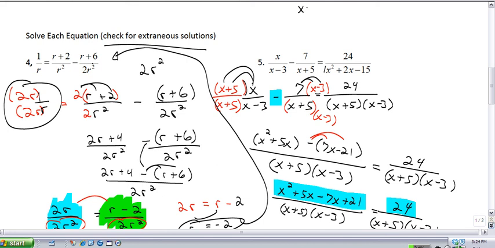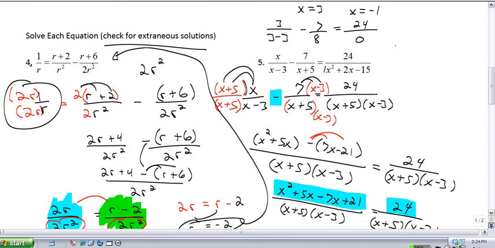So we'll try x equals 3. So 3 divided by 3 minus 7 over 3 plus 5, which is 8, equals 24 over, let's see, 9 plus 6 is 15, over 0.